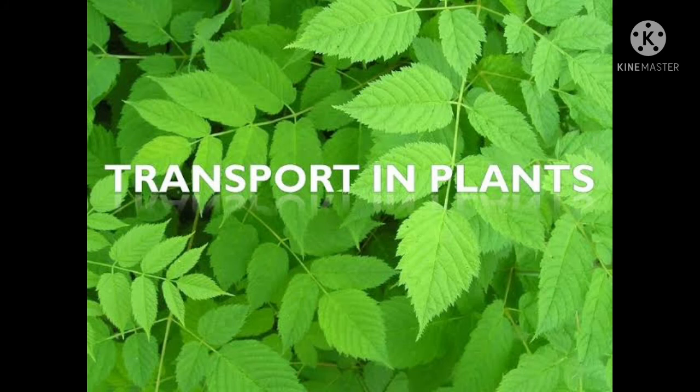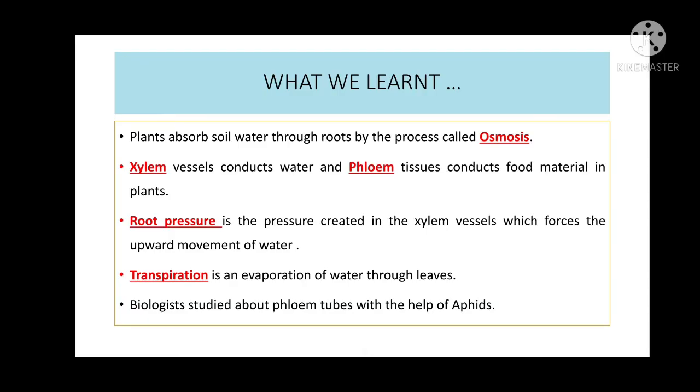I hope you have understood the process of transportation in plants. See what we have learned. Plants absorb soil water through roots by the process called osmosis. Xylem vessels conduct water and phloem tissues conduct food material in plants.